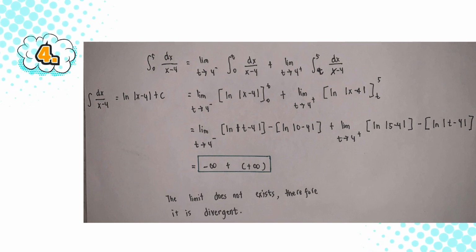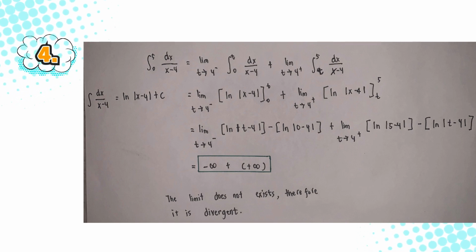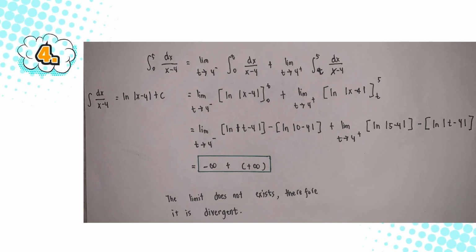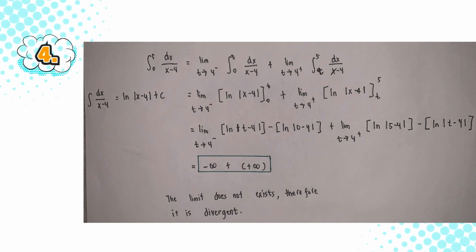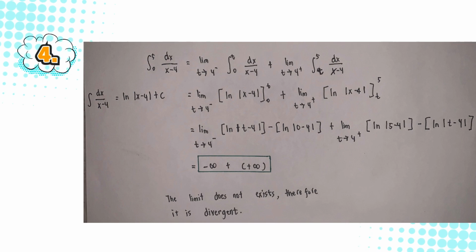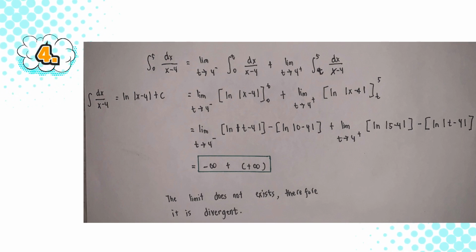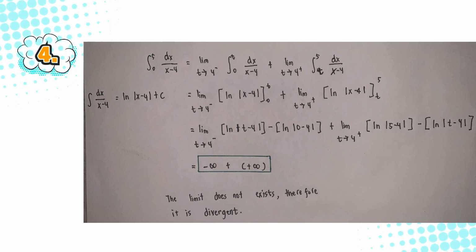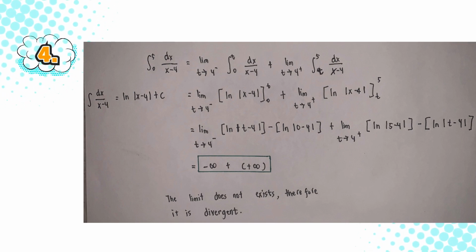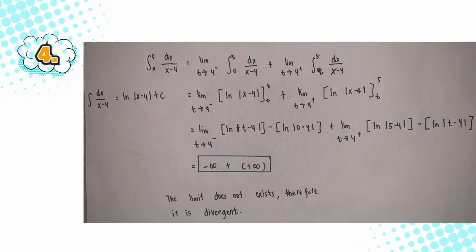Now let us evaluate the antiderivative. The integral of dx over x minus 4 is equal to ln of the absolute value of x minus 4 plus c. So using this, let us apply the limits.